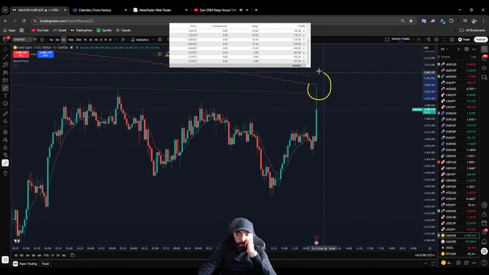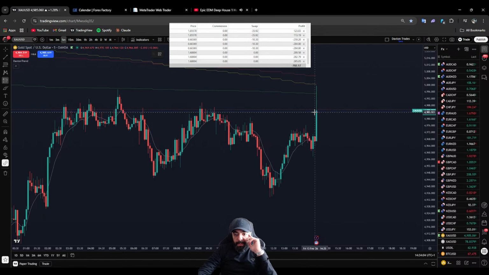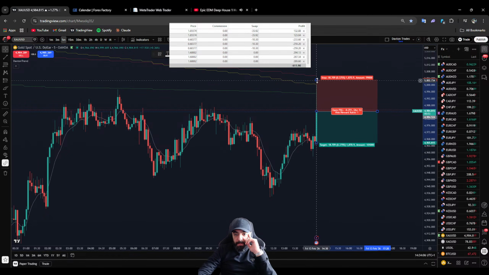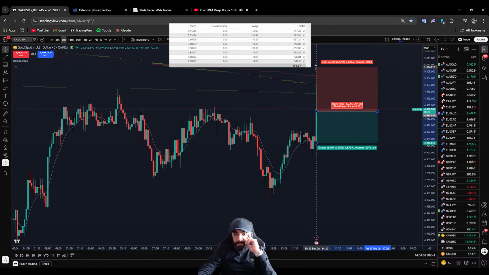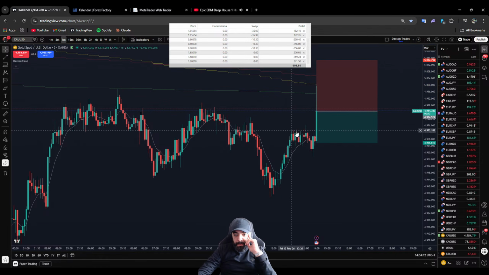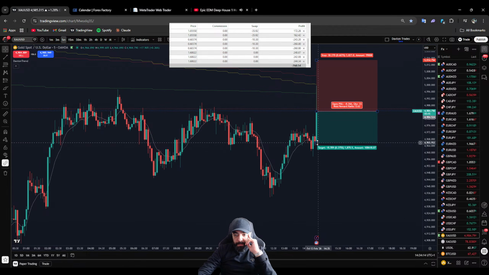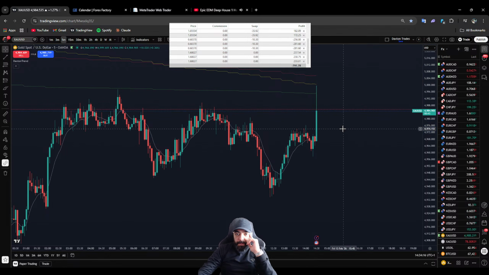Big rejection of this EMA. But even if I sell here, I need to use 200 or 250 or even 300 pips stop loss. Let's wait.